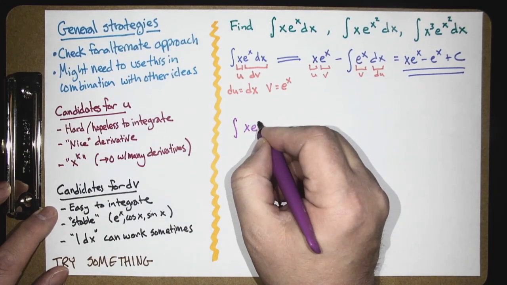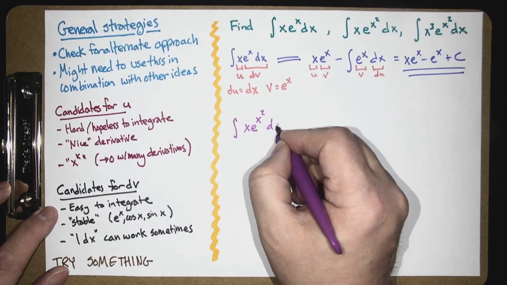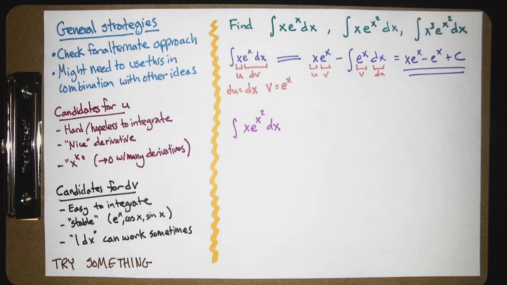Integral x e to the x squared dx. All right? What can we do? U sub, what would you like to u sub? I'm not saying it's wrong, I'm just asking.